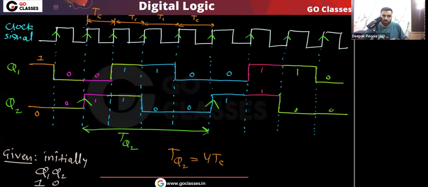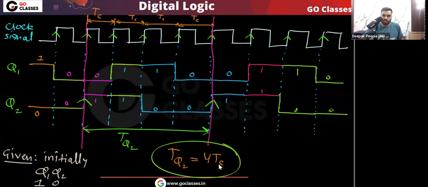Do you agree? Because you can see from here to here. So let me draw that, from here to here. You can easily see that this TQ2 is 4 TC.